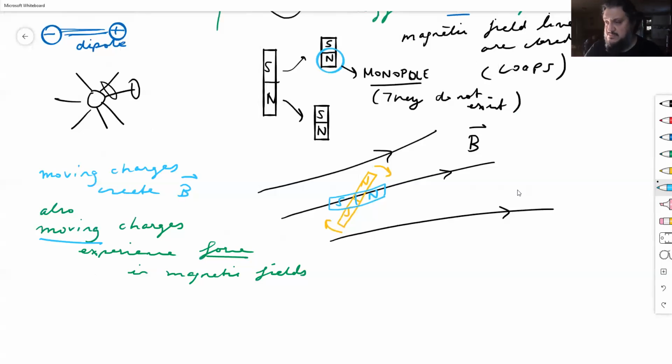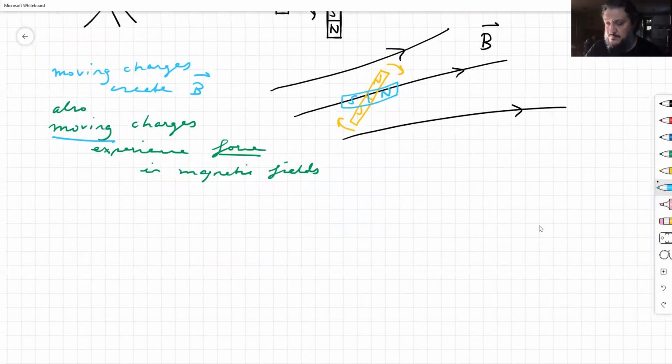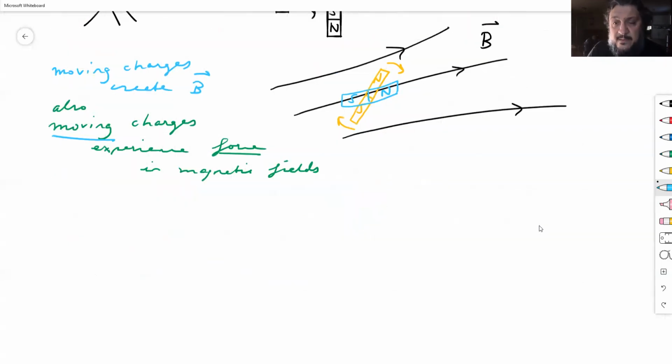So let's talk about those experiments. It was first Oersted, who observed a compass needle moving when you turn on an electric current. So let's come up with a setup like this.